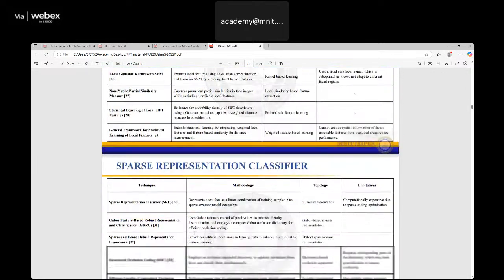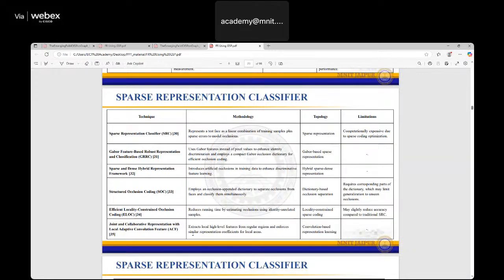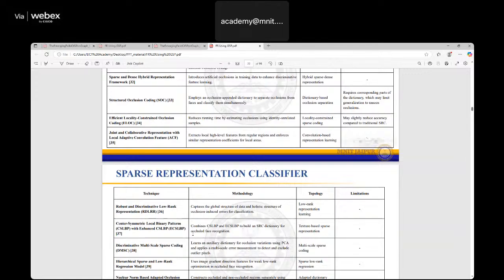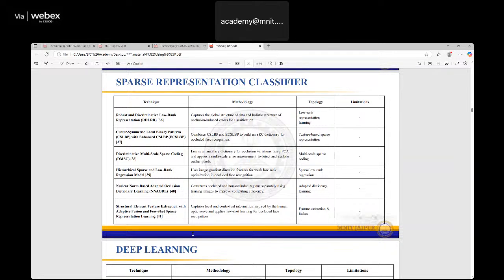These are given as a sparse representation classifier, Gabor feature-based robust representation classification, and a sparse and dense hybrid representation framework. Based upon the accuracy and the low processing time, we select one or more than one to move on with the strategy.